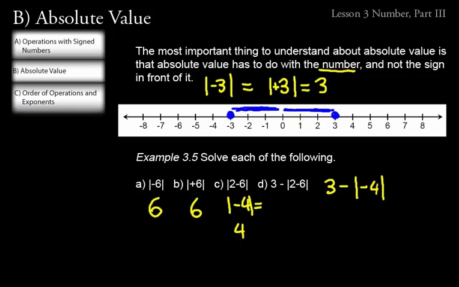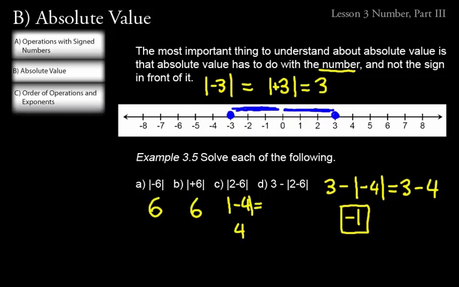Those aren't parentheses though. We don't do negative times negative is positive there. We take the absolute value first. So the absolute value of negative 4 is 4, so we just say 3 minus 4. So there's a difference between the absolute value bars and what you do with that and parentheses. And then 3 plus a negative 4, or 3 plus the opposite of 4, that would be a negative 1. And so D is equal to negative 1.